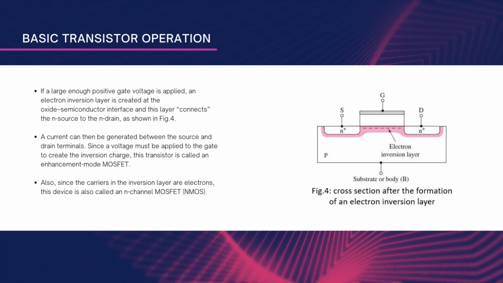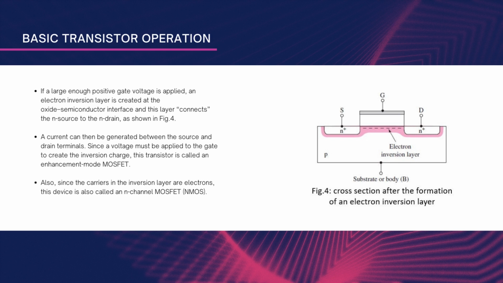So, this is the cross section after the formation of an electron inversion layer. Here we can see there is a source terminal represented as S, the drain terminal is represented as D, the gate terminal is represented as G, and the body terminal which is represented as B. It is also known as the substrate, and here we can see the inversion has occurred and the electrons are beneath the gate terminal.